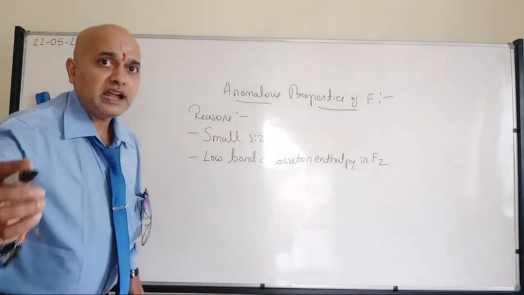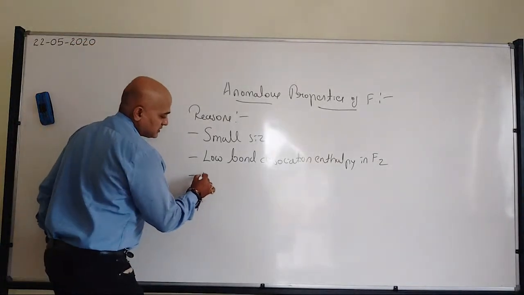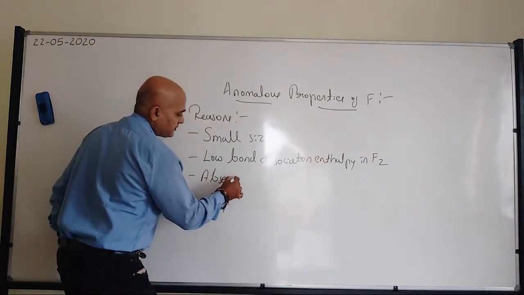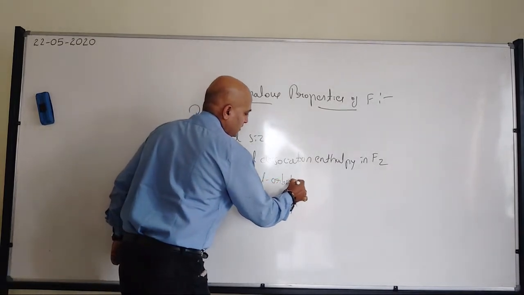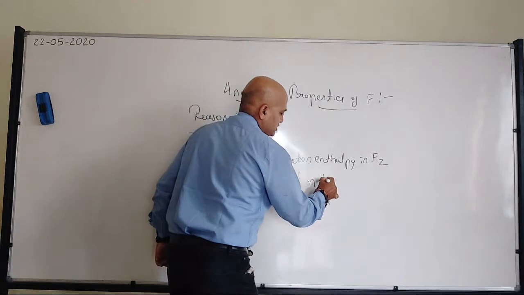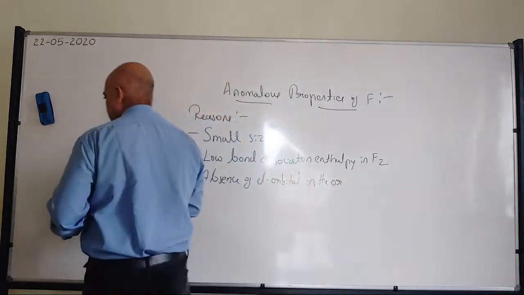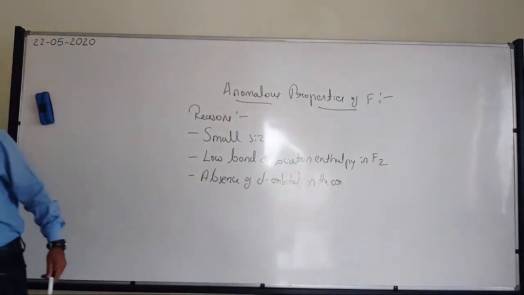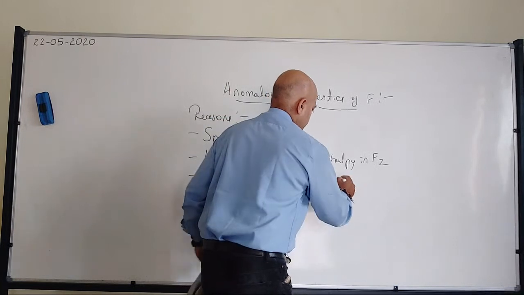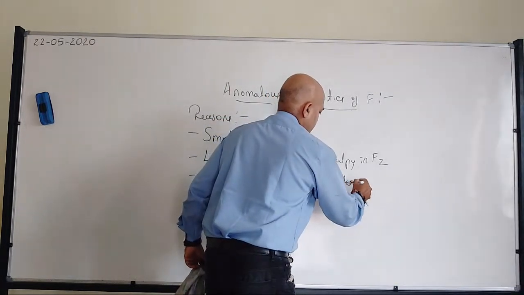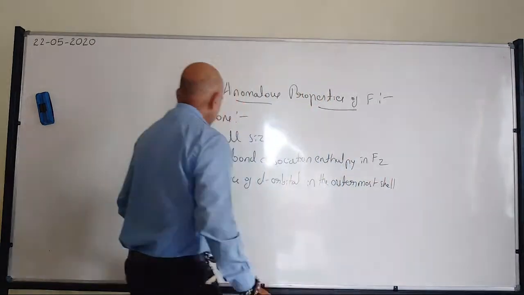Yes. Someone had written absence of d orbital. Very good. So absence of d orbital in the outermost shell. Right?